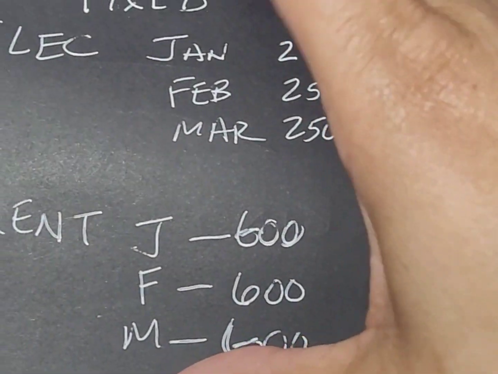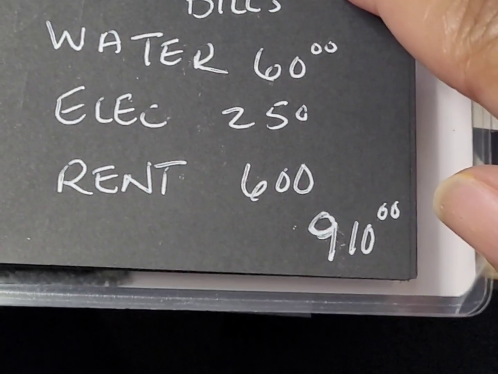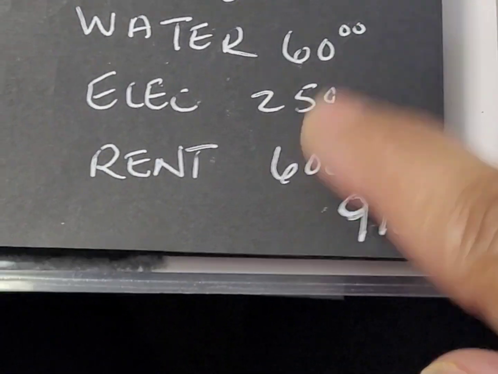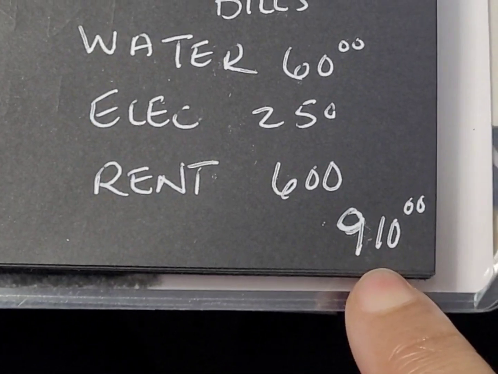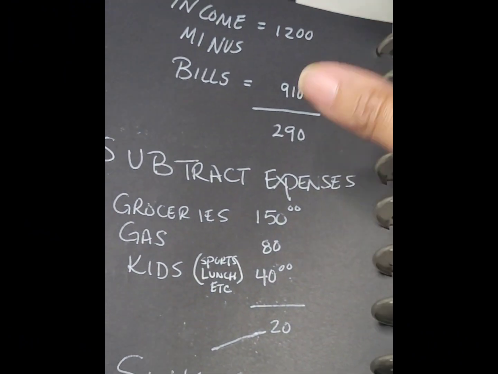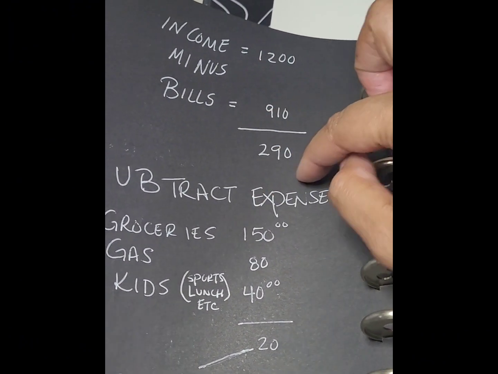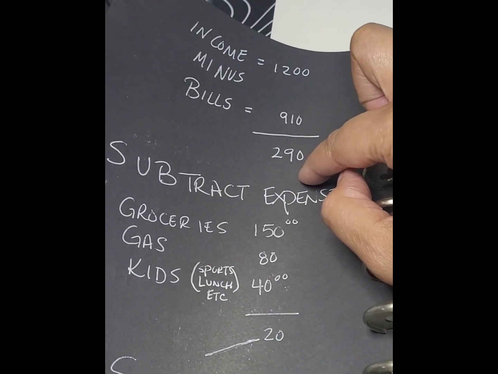So in this example, we'll go ahead and go with that amount. The budget for your bills would be water $60, electric $250, and rent $600, leaving you with $910. And so when you get that amount, you take your income minus your bills, and you will have $290.